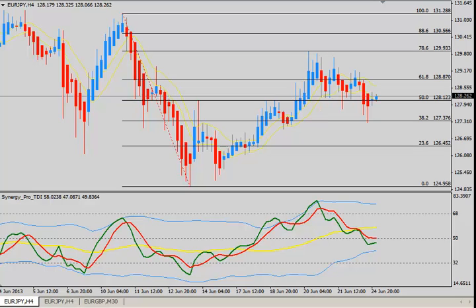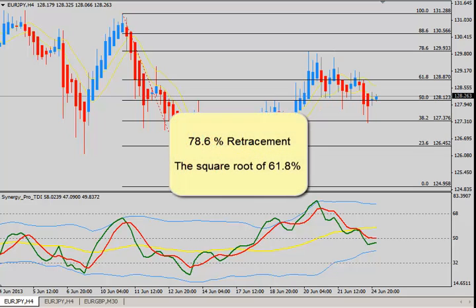Well, 78.6, which I prefer to use, and I found to be overall a better number between the two based on personal experience, 78.6 is the square root of the golden mean number 61.8. So when we get back to the real Fibonacci numbers and Fibonacci sequence and Fibonacci ratios, I prefer the 78.6.